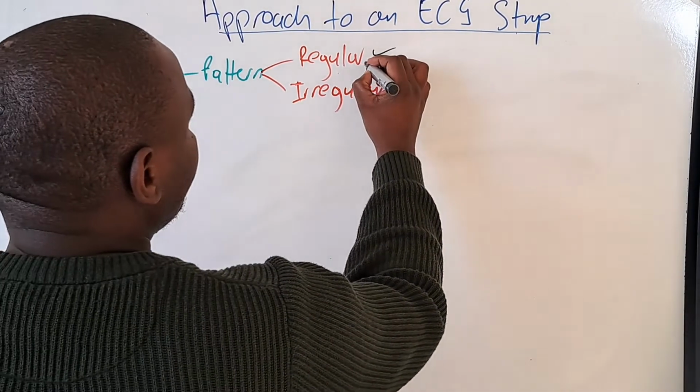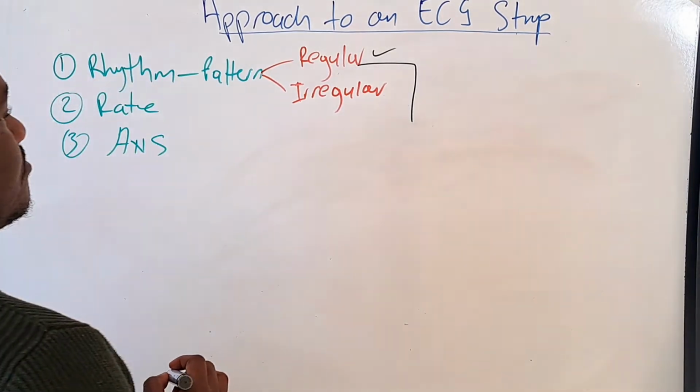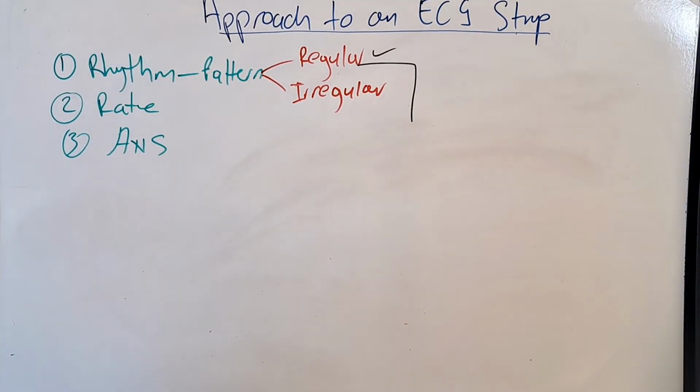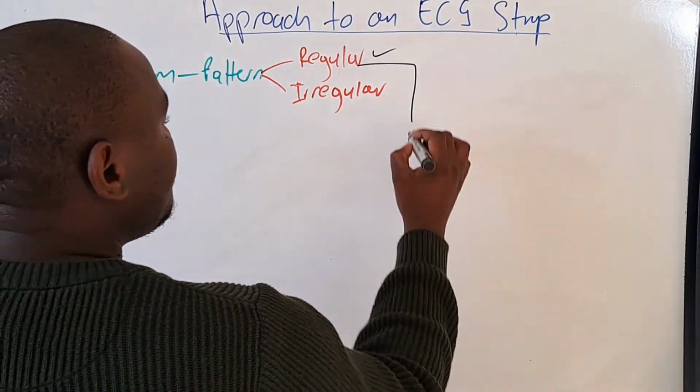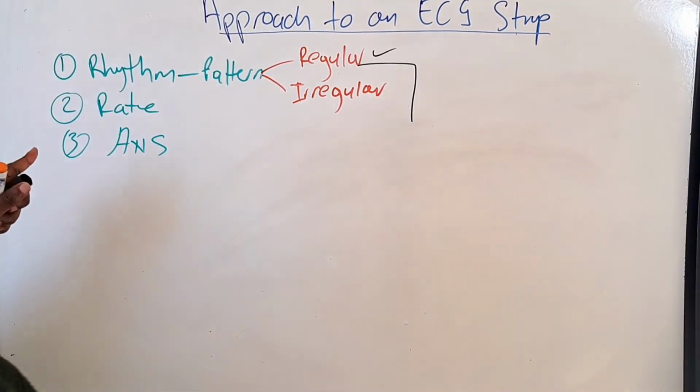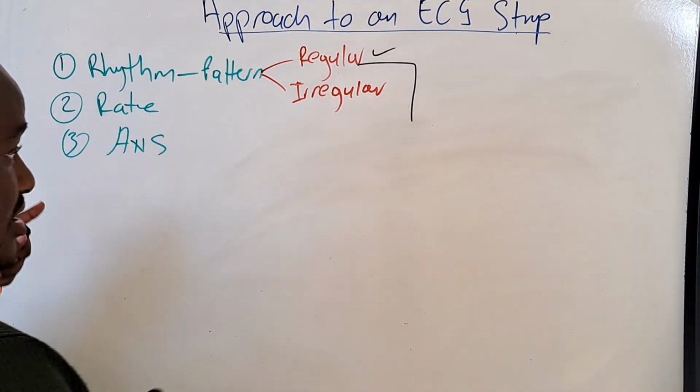so we know now that we've got a regular heart rate. We don't know the exact heart rate, the exact number, but what we know is that we've got a regular heart rate. So there are two methods that we can use now to calculate the actual rate.